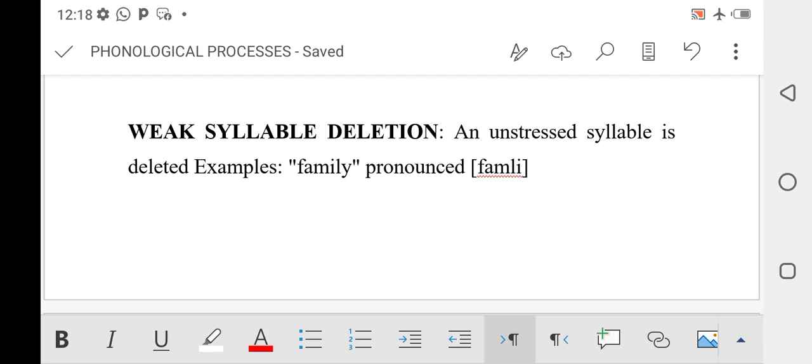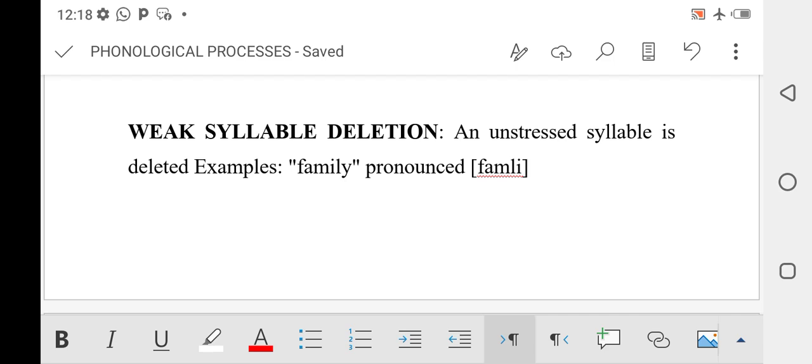Now, in family, we have the schwa sound. That schwa sound is the shortest of the sounds in the English language, so it is the weakest of the sounds.